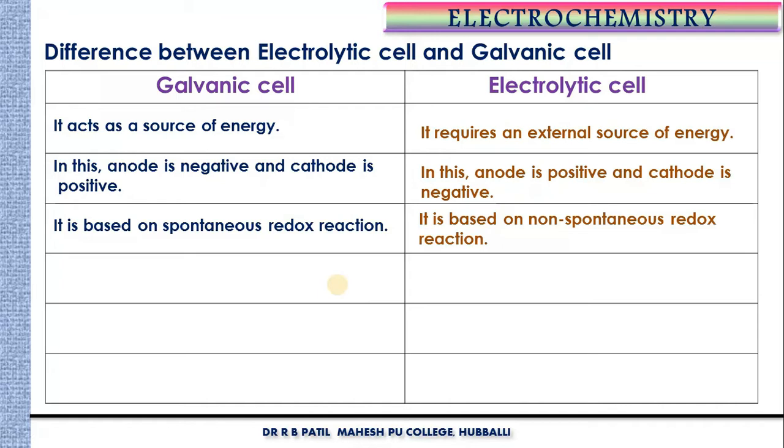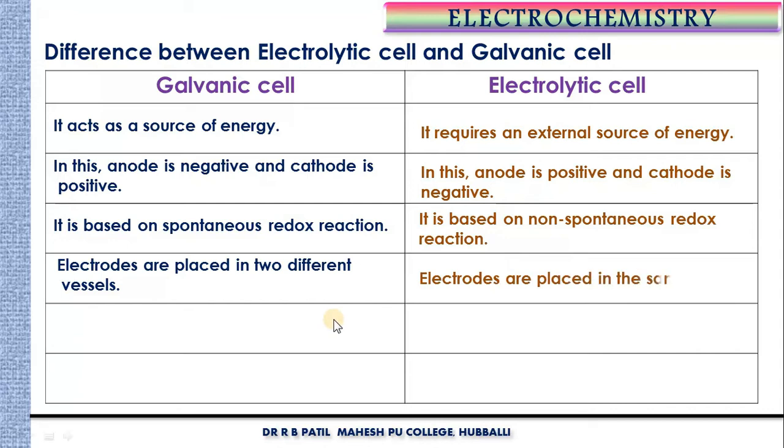In a galvanic cell, electrodes are placed in two different electrolytic solutions or vessels, whereas in an electrolytic cell, electrodes are placed in the same vessel. In a galvanic cell, electrolytes taken are different.